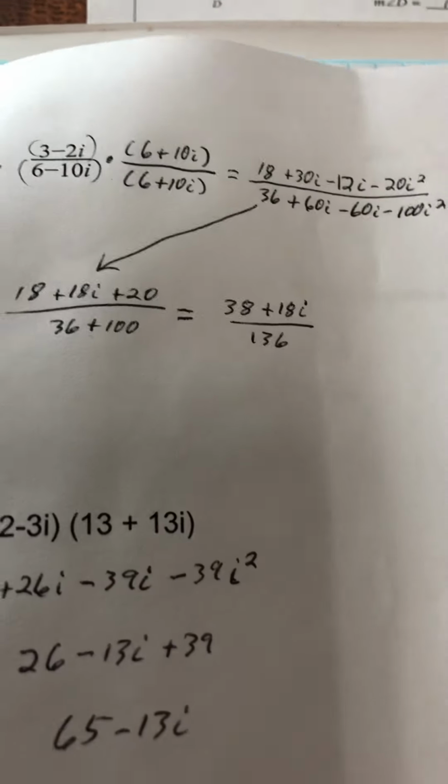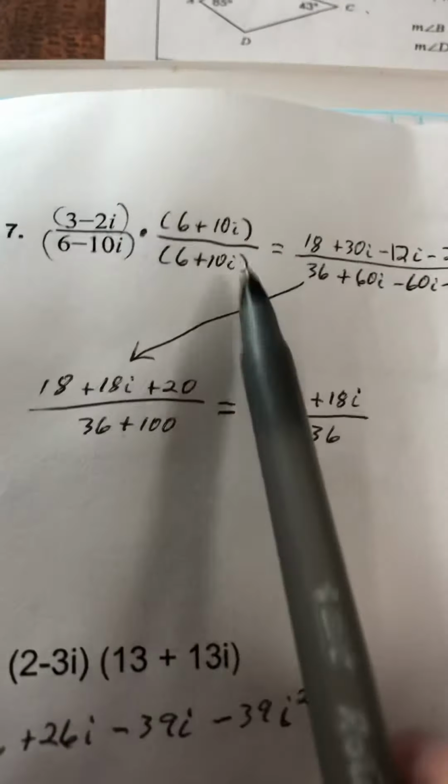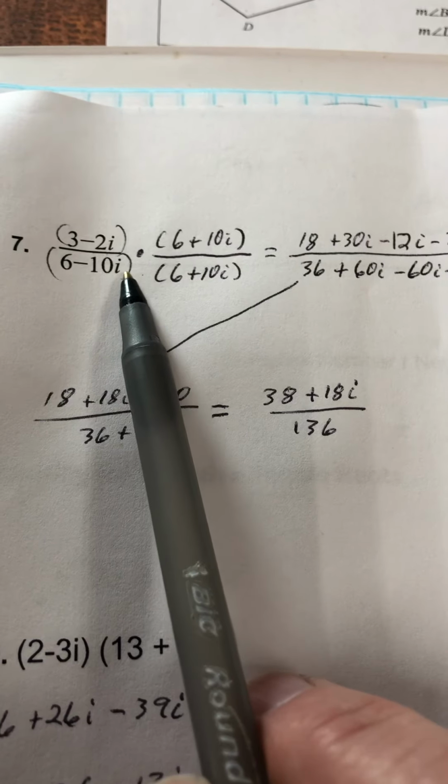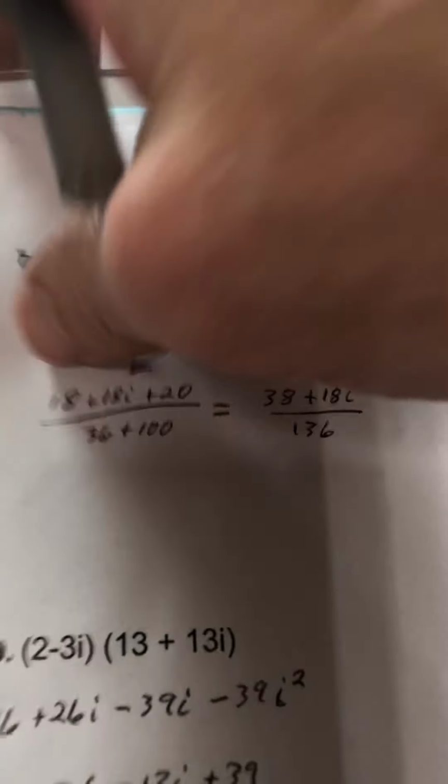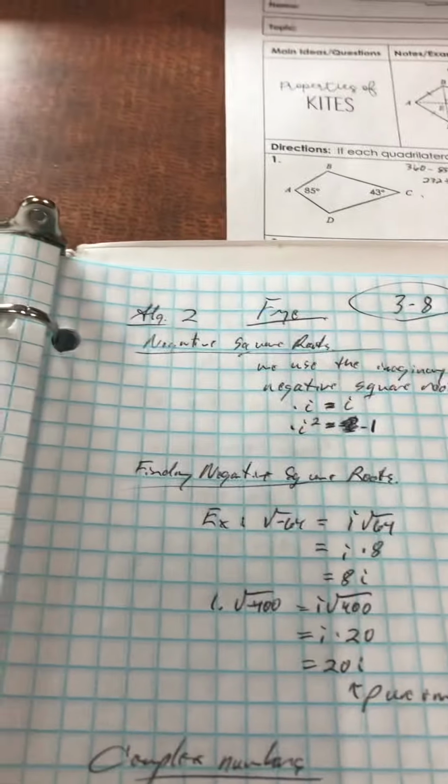Number 7 we did in class, but in case you missed it, in case you weren't there or whatever, I want you to take a look at this. We are going to be multiplying by the complex conjugate. Let me see in my notes here.